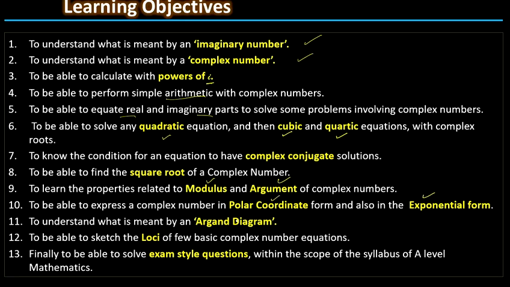Then the Argand diagram and a few sketches, which is loci, and finally some exam style questions. This is the plan for this lecture, and at the end of the lecture, that will be your checklist. You have to check whether you have covered these topics or not.